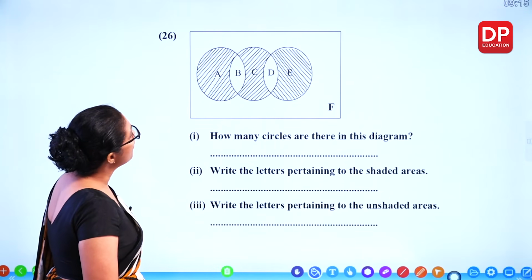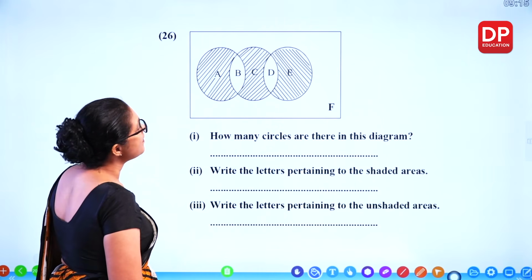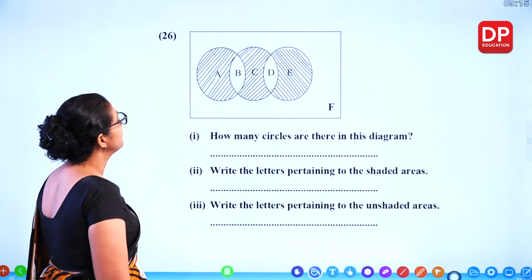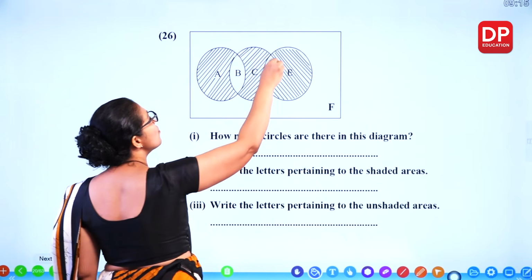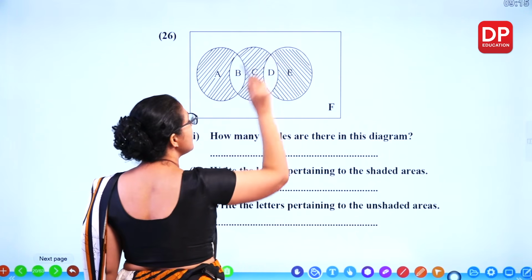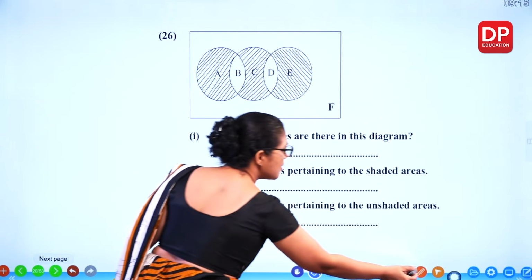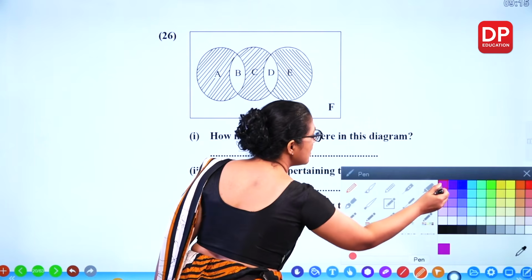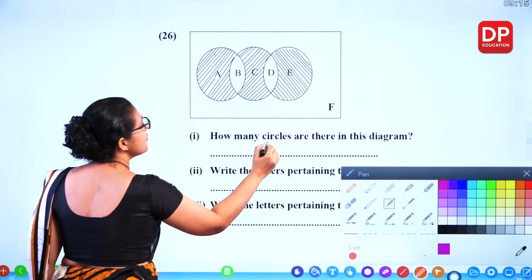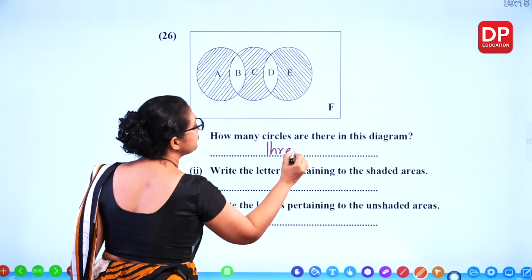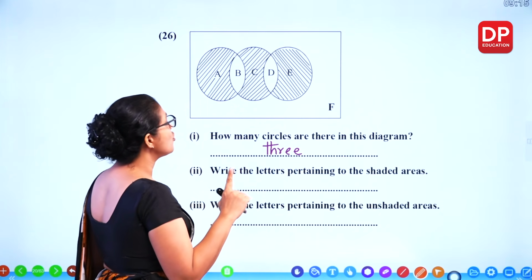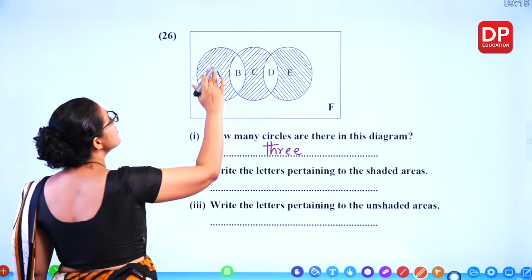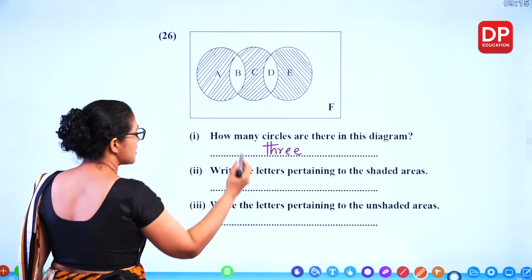Look at this diagram. How many circles are there in this diagram? I see 1, 2, 3. 3 circles are there. So I'll write 3 circles. Write the letters pertaining to the shaded areas. So these are the shaded ones.